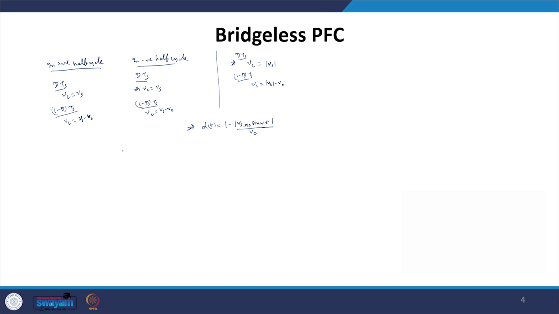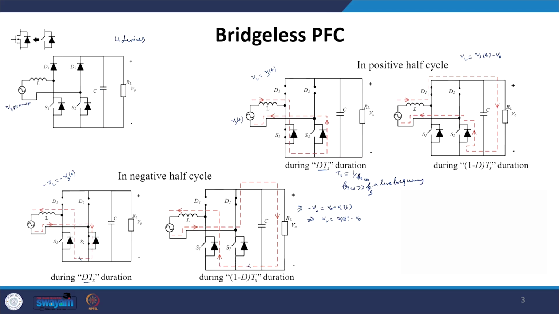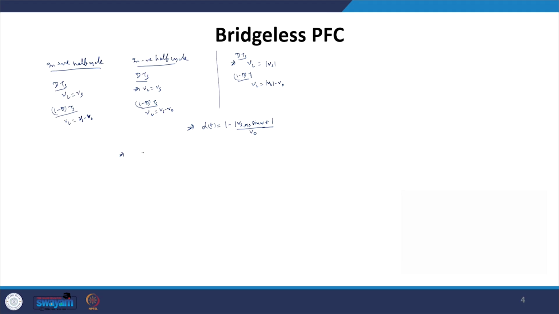In the positive half cycle, only the S1 switch gets the duty ratio signal. Only the S1 switch is turned on and off during the switching period, on for the dTs duration while off for the 1 minus dTs duration. So the duty ratio of the S1 switch is d of t when Vs is greater than 0.